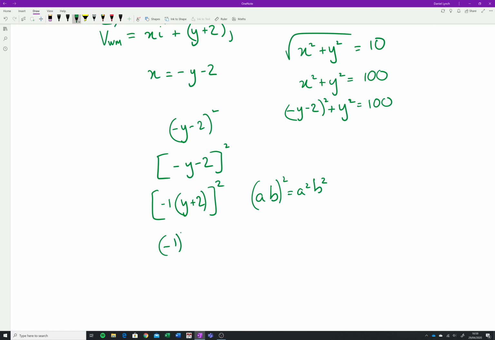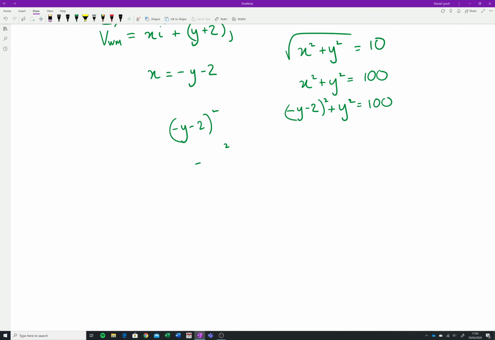So this is minus 1 squared times y plus 2 squared. Minus 1 squared is just 1, and you're left with one amount of y plus 2 squared. Don't know why I show you that necessarily. You don't need to know that here, but it'll speed up your maths if you just know that off by heart, because I'm sure you know what y plus 2 in a bracket squared is.